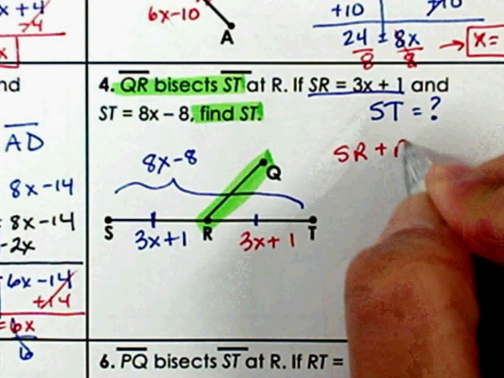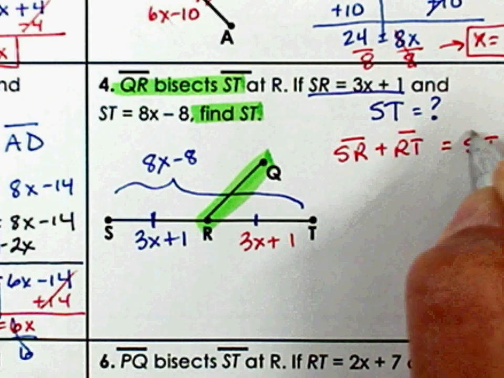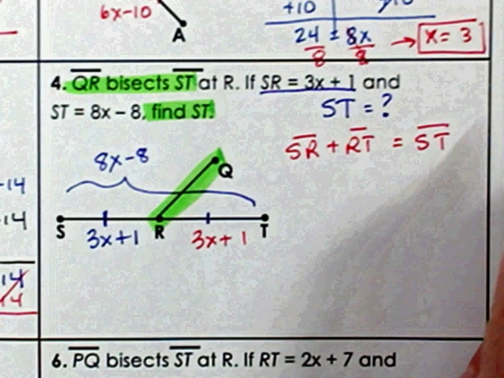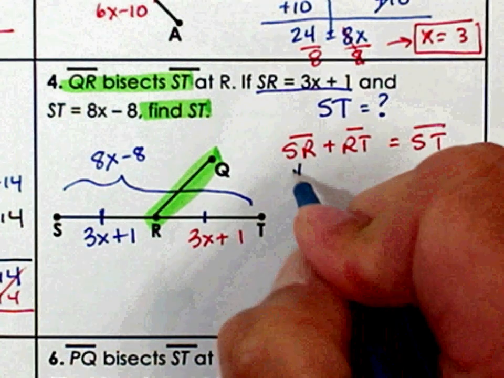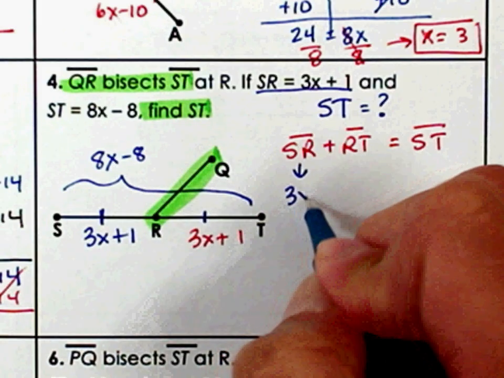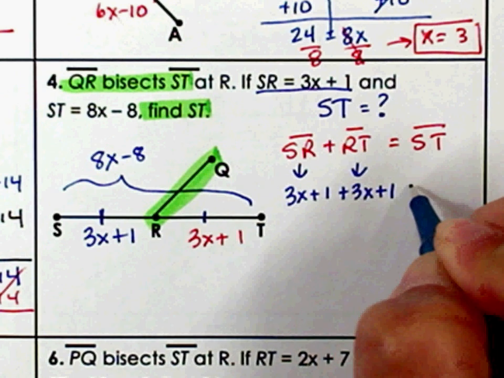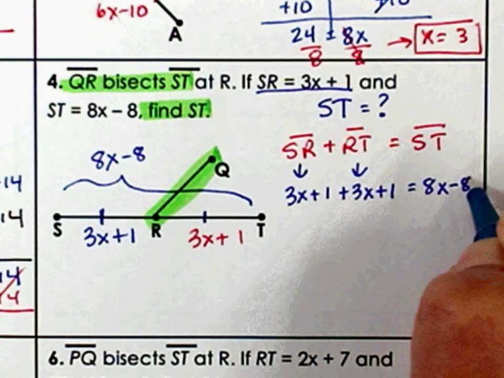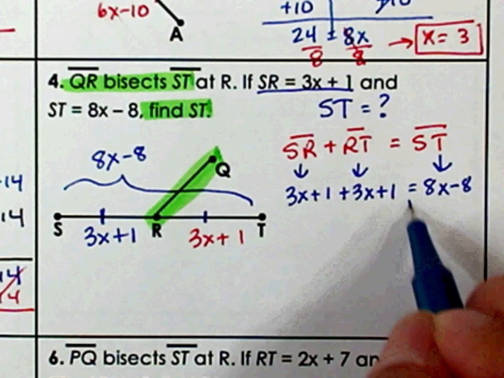So you have SR plus RT is equal to ST, right? SR, what is SR? 3x plus 1. RT, 3x plus 1 equals 8x minus 8. See the substitution? Okay.